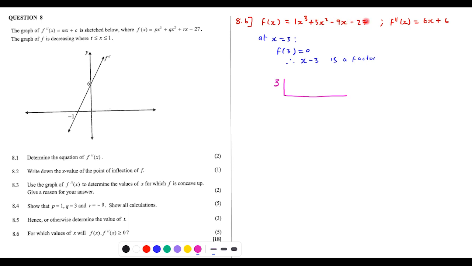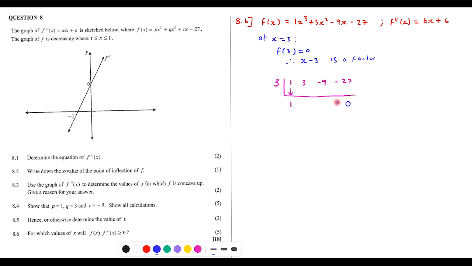So here it is 1, 3, minus 9, and minus 27. Then I'm going to drop the first one in front. Now to apply the synthetic division, my aim here is to end up having 0 there. So how am I going to do this?